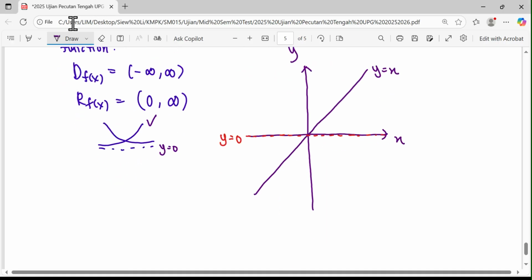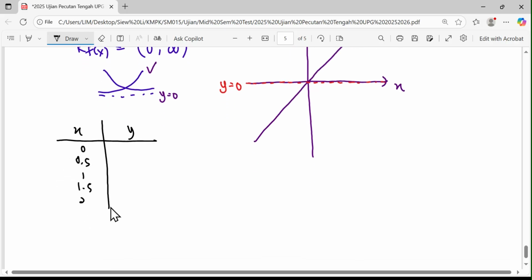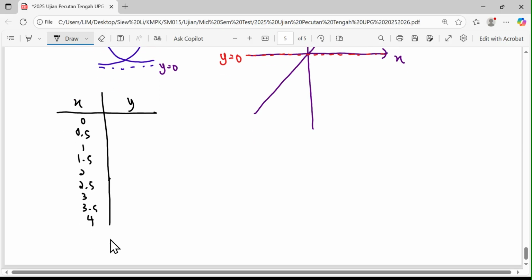So this is my calculator result, when I have the x and y values from my calculator. The x values are 0, 0.5, 1, 1.5, then 2, 2.5, 3, 3.5, 4, 4.5, and 5 will be my last coordinate.